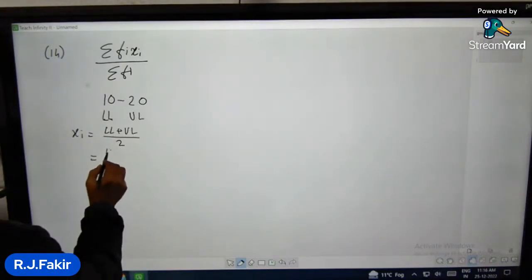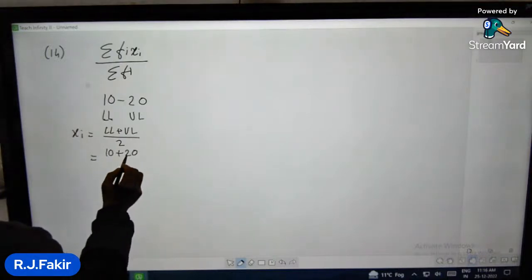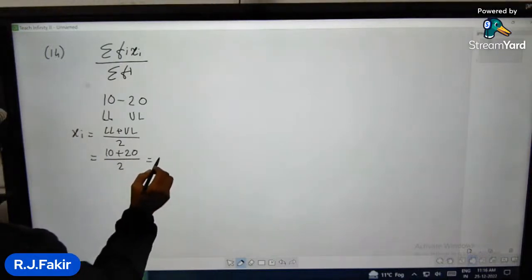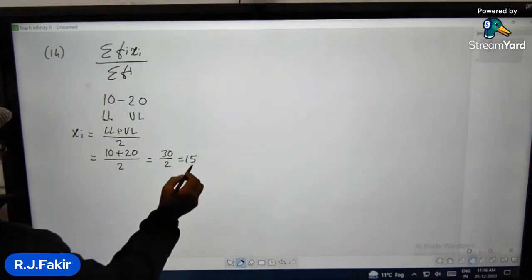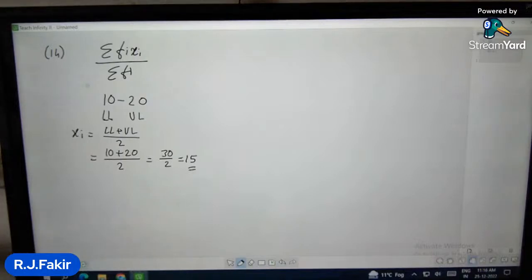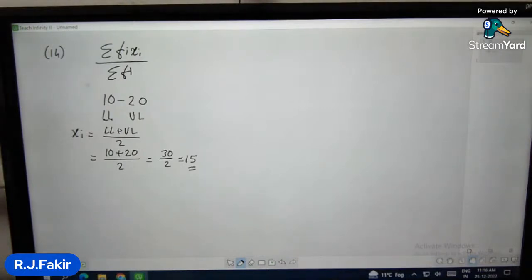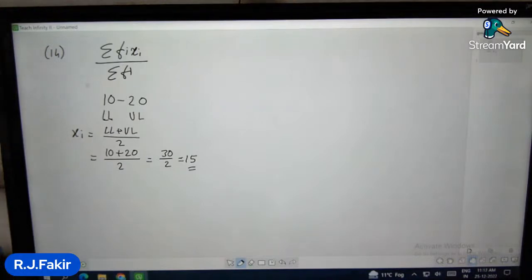So that is 10 plus 20 divided by 2, that is 30 by 2, that is 15. So exactly what we are doing, we are assuming that all the frequencies are concentrated at the class mark of the class intervals. So what is the option here in 14? That is option B.